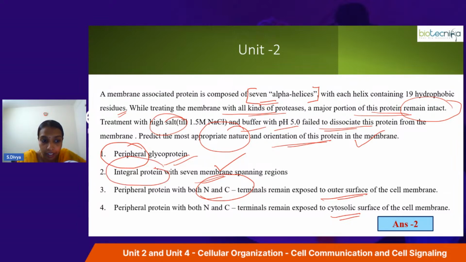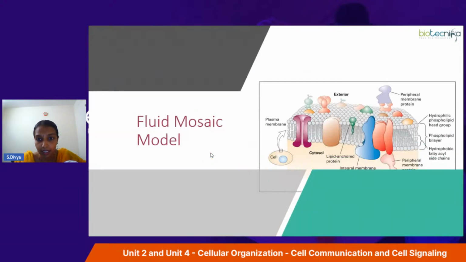You know that an integral protein is the one which is tightly attached to the membrane. So you need to provide specific detergents that will interfere with the hydrophobic interactions, and only then will the integral proteins be extracted. That's the reason option 2 is the correct answer.